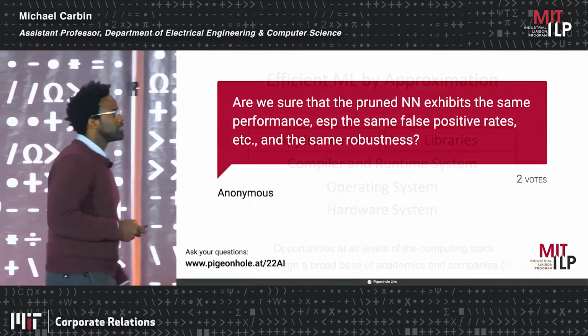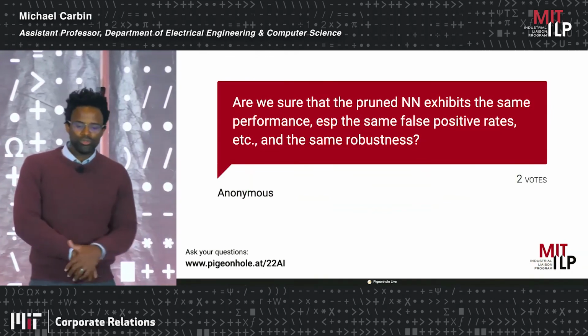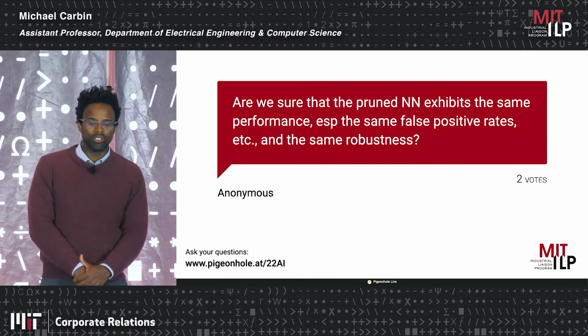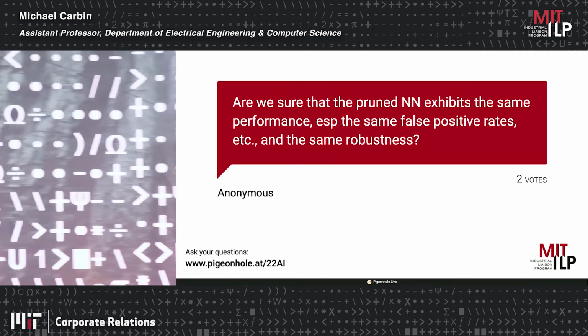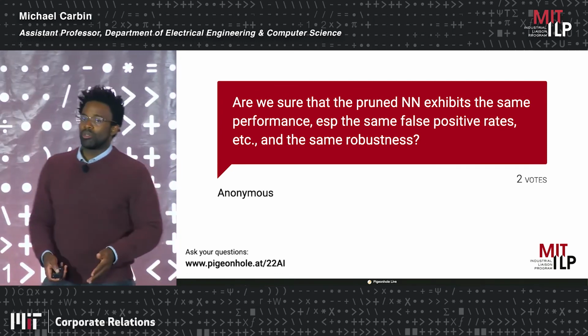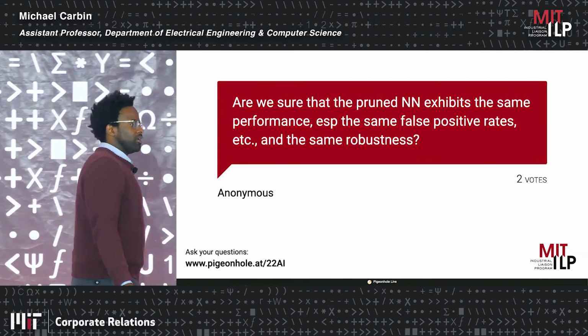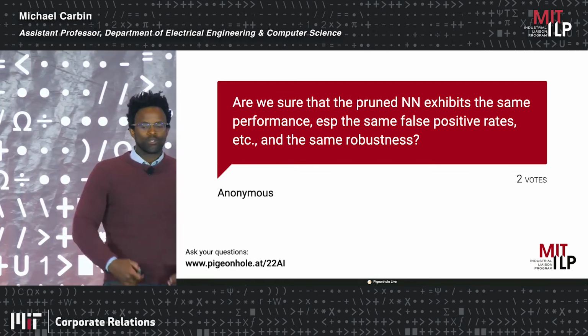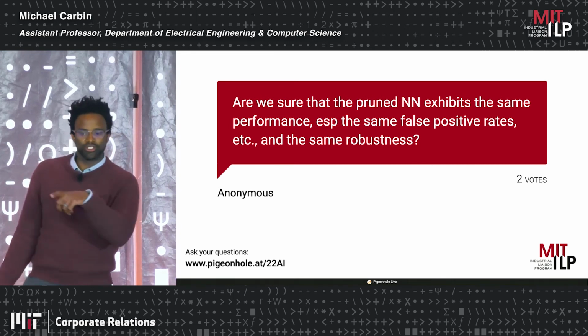All right. We have a few questions here. Are we sure that the pruned neural network exhibits the same performance, especially the same false positive rates and the same robustness? This is a wonderful question. There has been an active effort over the past year or so to understand measures of evaluating the behavior of networks beyond just accuracy.